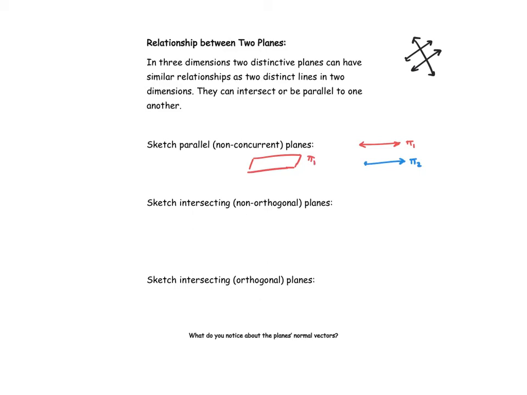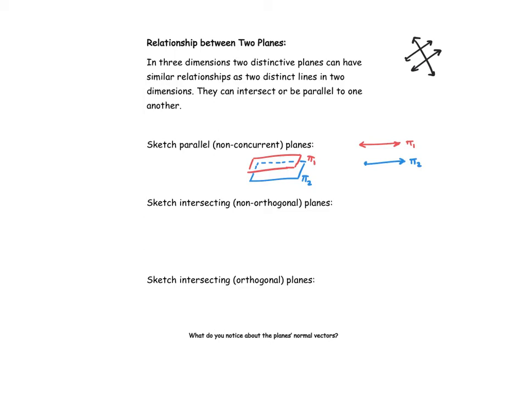Okay, and then here is pi 2. Right, and pi 1 and pi 2, they never intersect, and therefore they would be parallel. Okay, and non-concurrent. If they were concurrent, of course, those 2 planes would be the same. They would contain all the same points, infinitely many, forever.